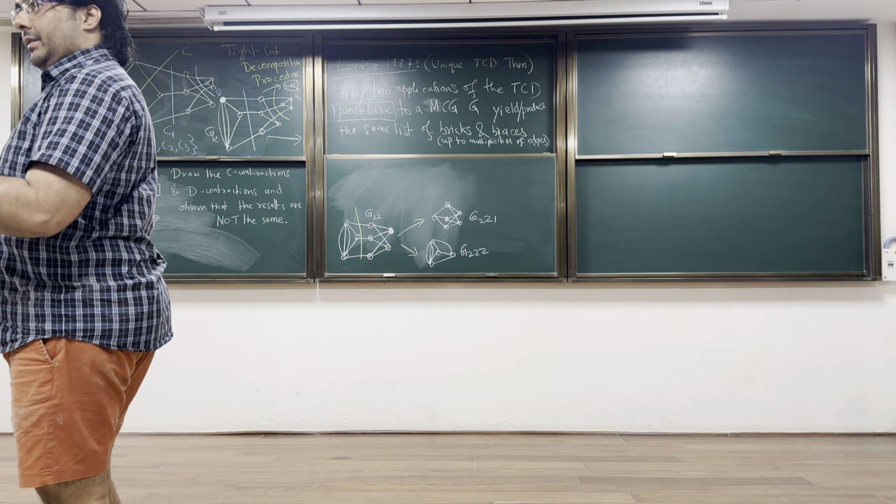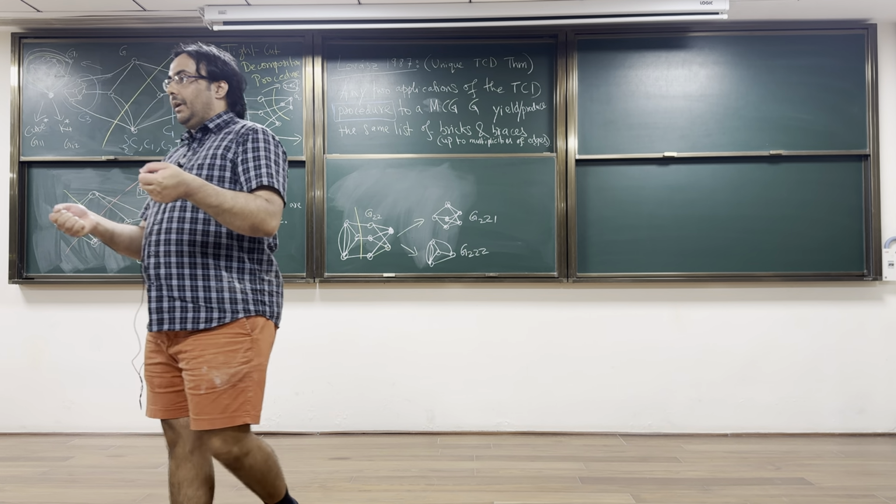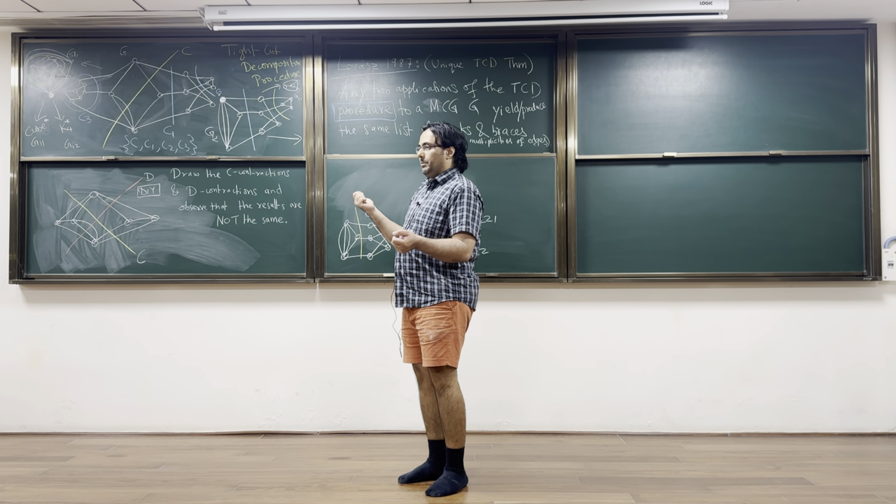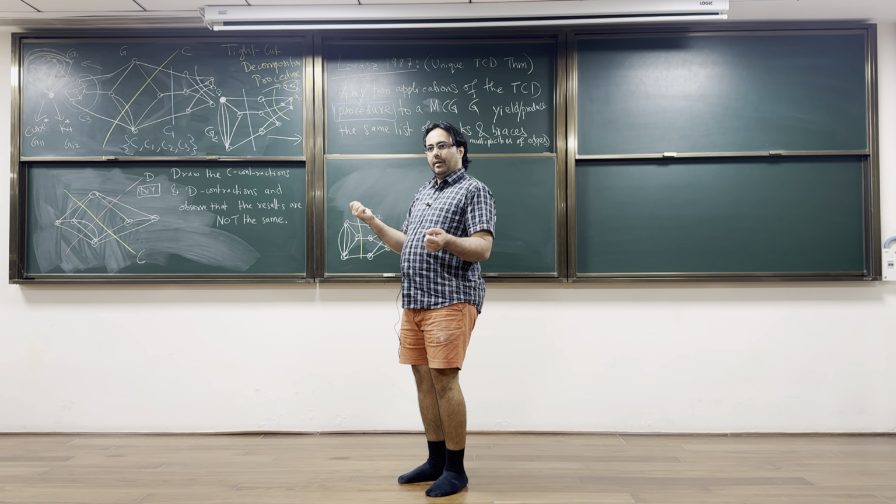When you have two cuts, you can talk about whether they are laminar or crossing. We talked about this in the earlier lectures. Are these laminar or crossing? Any two in this family, yeah, they are laminar.